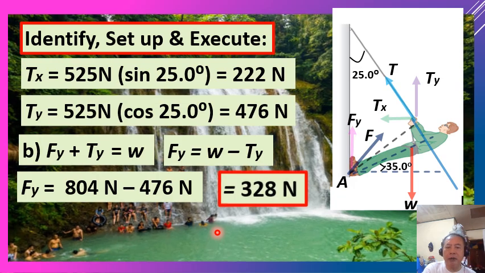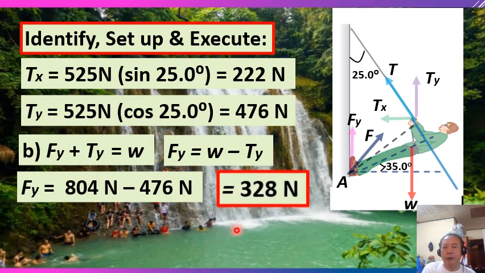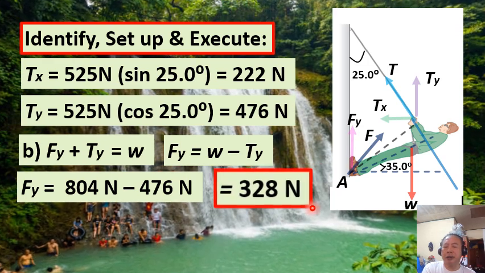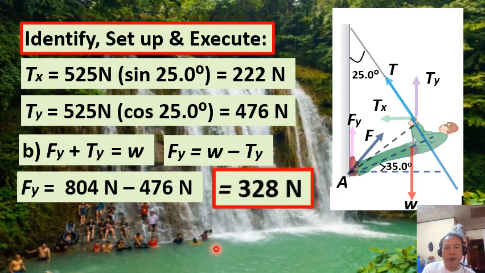So we get the value of Fy equal to 328 newtons, also in three significant figures.